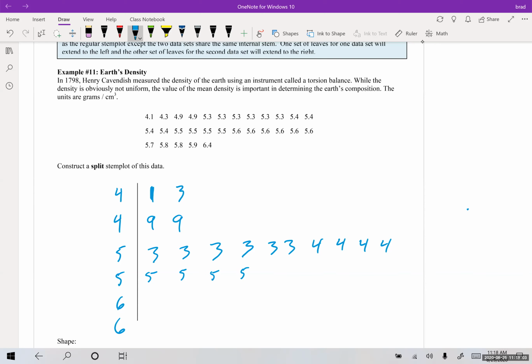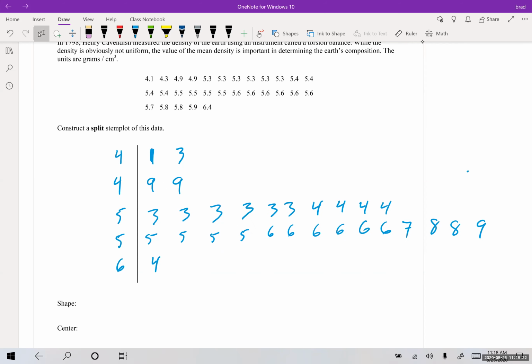And then how many 6s? 2, 4, 6. And then 5.7, 5.8, and 5.9, and then 6.4. So we don't need this other one. So once again, this would be left skewed.